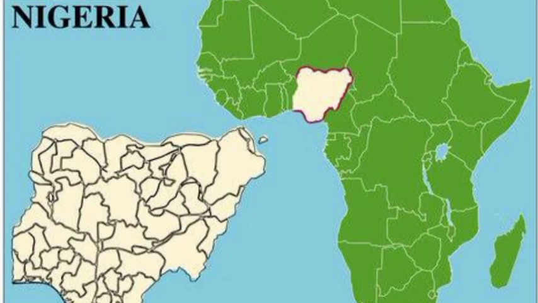As of 2020, Nigeria has the largest economy in Africa with an annual gross domestic product of $476 billion. Nigeria also has the world's highest fertility rates.